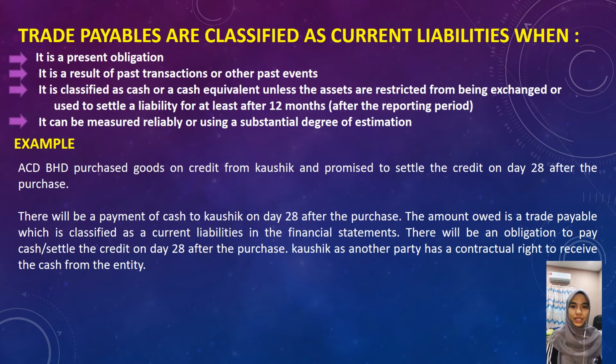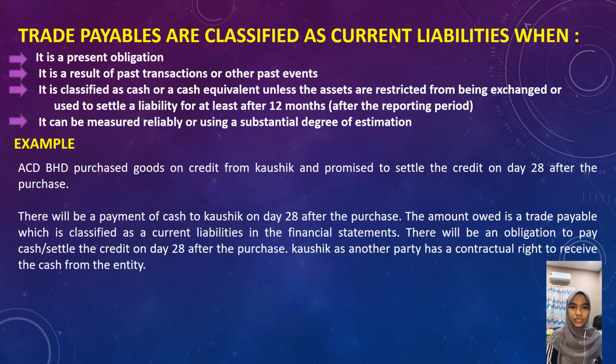For example, SBD Berhad purchased goods on credit from Achong and promised to settle the credit on the 28th after the purchase. The solution for this example is there will be a payment of cash to Achong on the 28th after purchase.